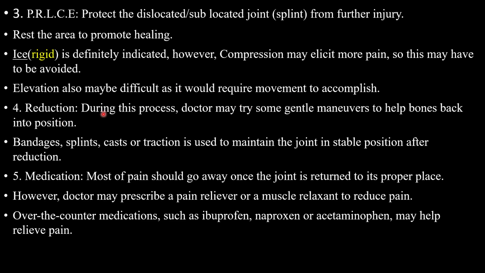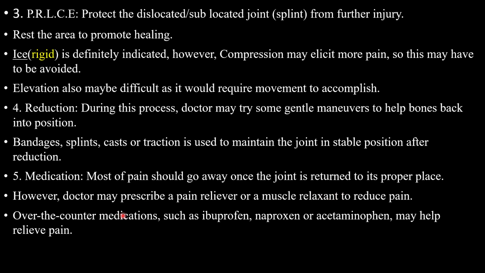Then reduction. During this process the doctor may try some gentle maneuvers to help the bones back into position. Then bandages, splints, or cast are used to maintain the joint in a stable position after the reduction. Then fifth is medication. Most pain should go away once the joint is reduced and returns to its proper place.